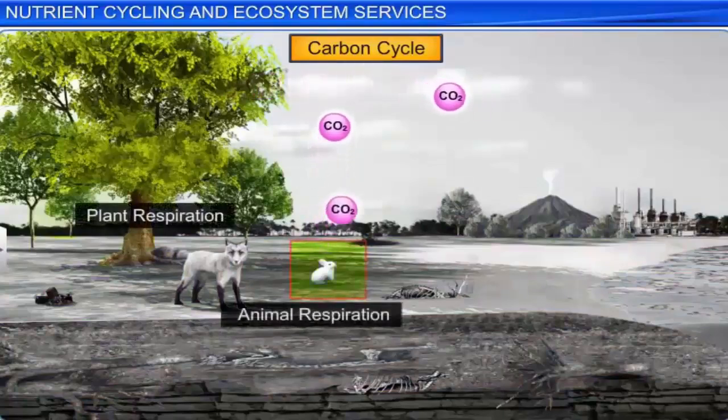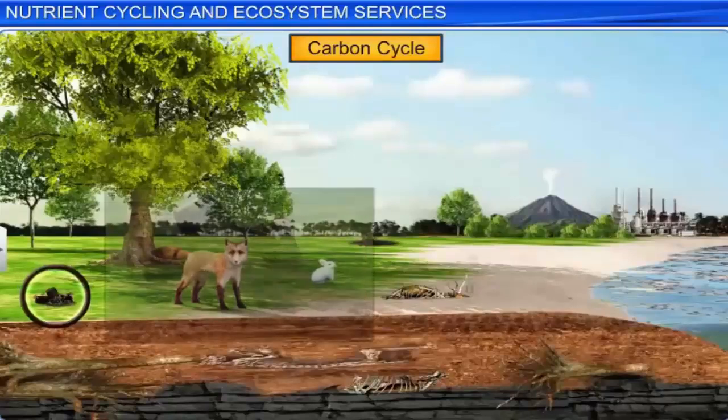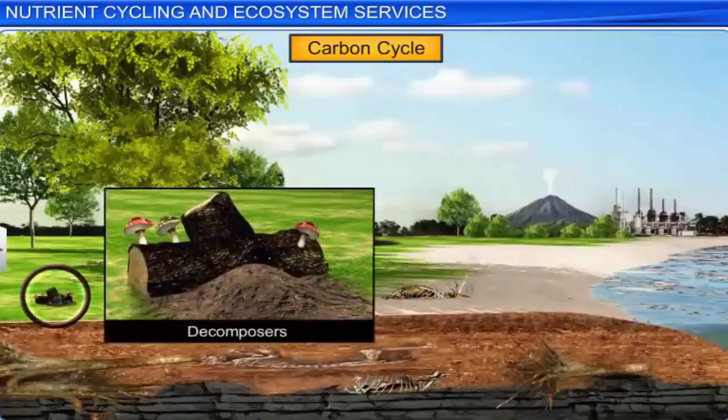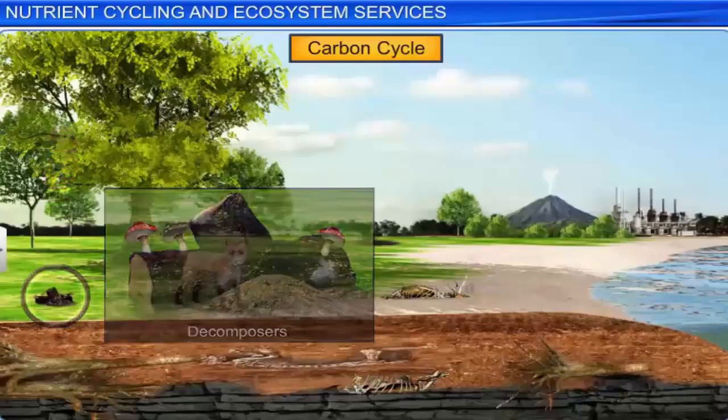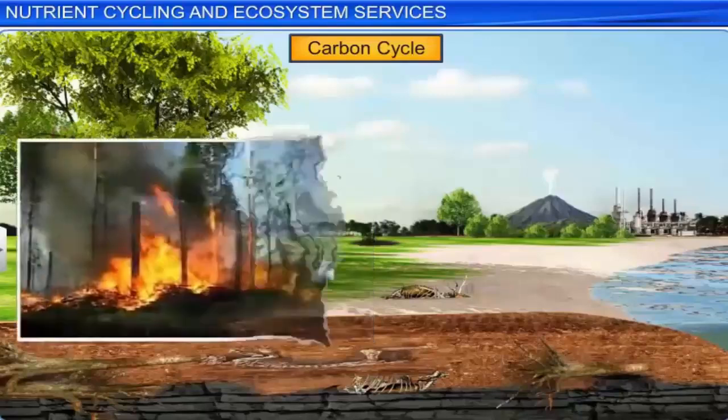Decomposers are also major contributors to the carbon pool. They break down waste materials and dead organic matter and return carbon to the atmosphere in the form of carbon dioxide. Natural events like forest fires and volcanic activities also release carbon dioxide.